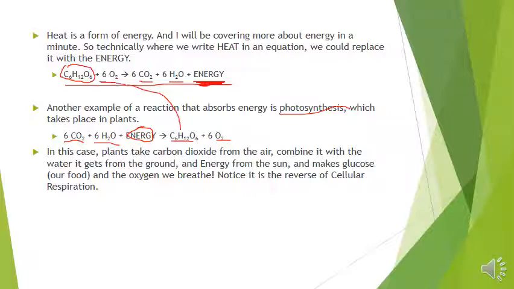We can take that, eat the glucose, breathe the oxygen, make carbon dioxide and water, and guess what? It can go back into the plants. It's a beautiful cycle. This is the reverse of cellular respiration. Photosynthesis requires energy, while cellular respiration gives off energy.